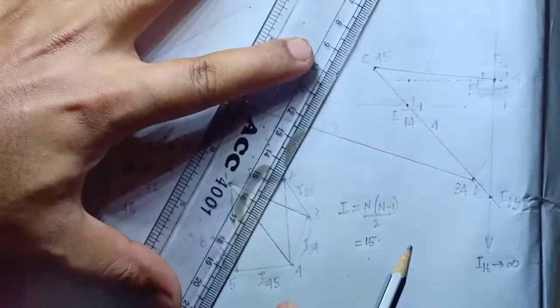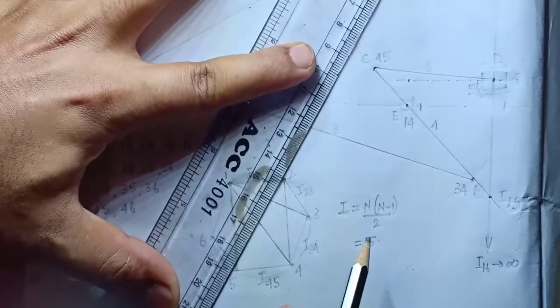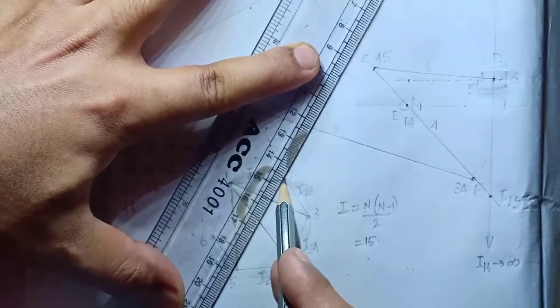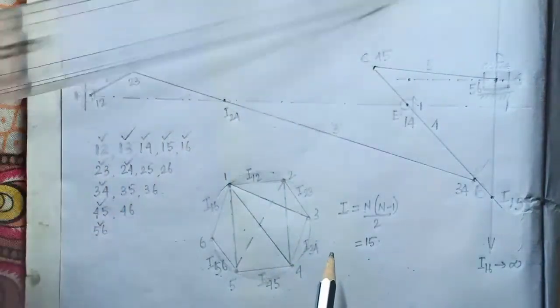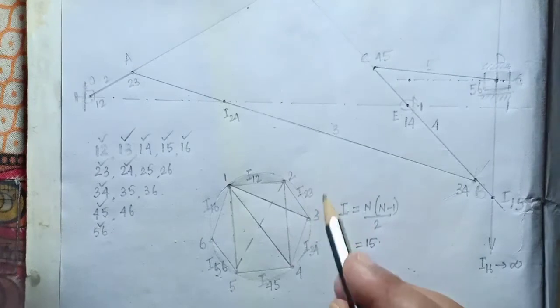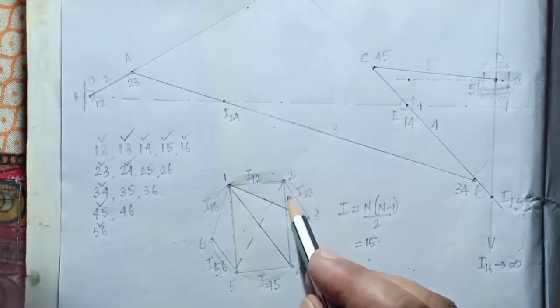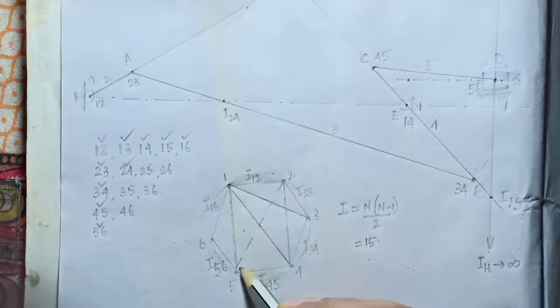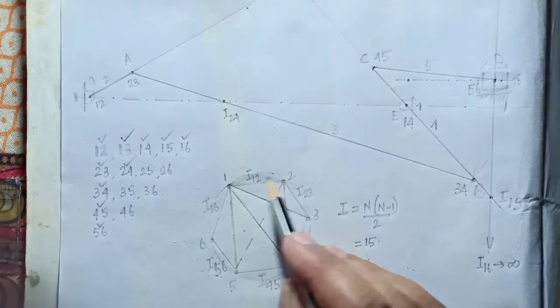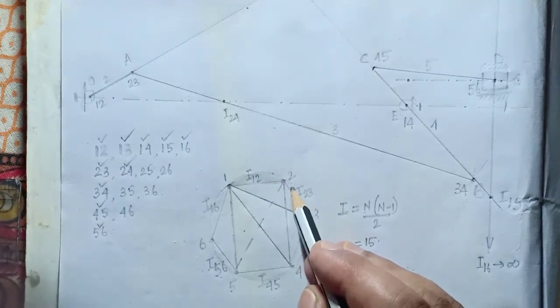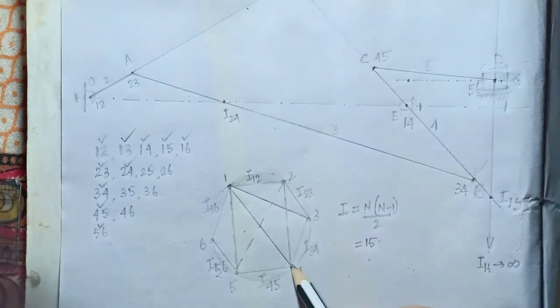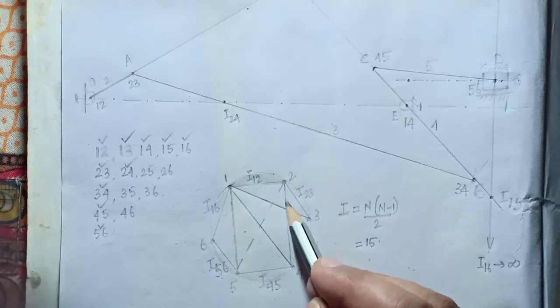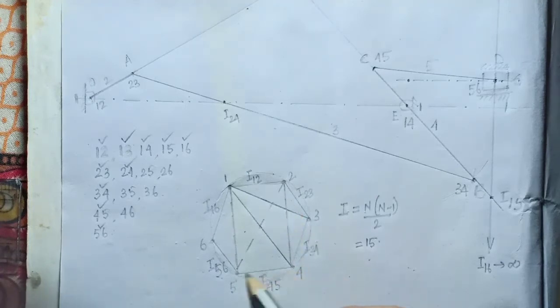Now our motto is to find 2 to 5. Again, same tricks. First we need to go from 2 to 5 in the clockwise manner and in the counterclockwise manner. In the clockwise manner we have one path: 2 to 4, then 4 to 5. This is our first path, I24 followed by 4 to 5, that is I45.